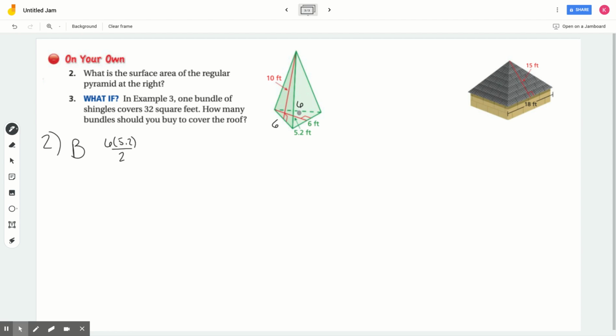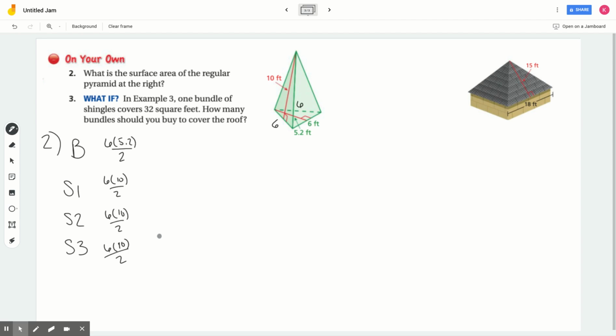So we have 3 lateral faces. So side 1, 2, and 3 that are also all triangles. So since this is a regular pyramid, all of those sides are going to be the same. So 6 by 10 divided by 2. Remember, base times height divided by 2 for all of your triangles.